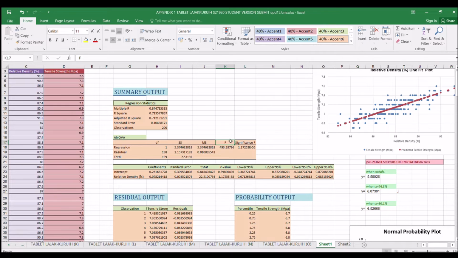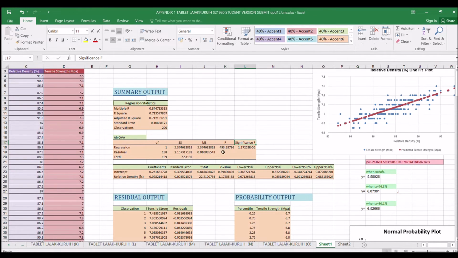The next column is the value of F. The value of F is the value of the test statistic, whereas the significance F is actually the probability of F being more than the test statistic. So here, we can make a decision by comparing the significance F with the significance level alpha.